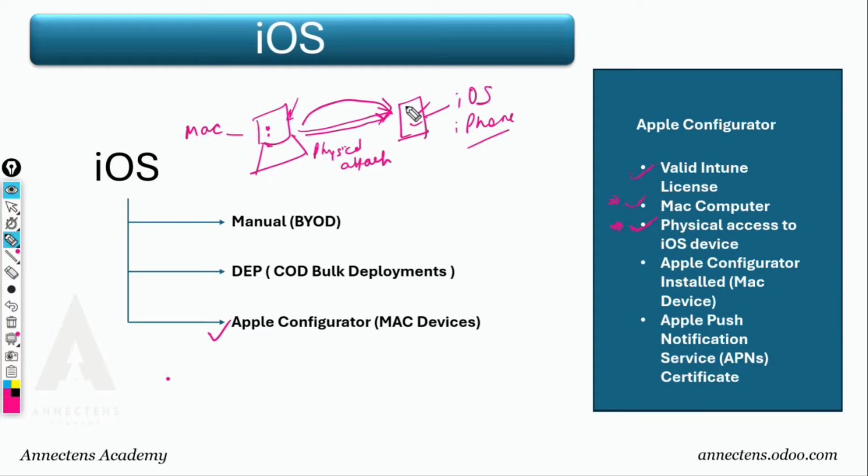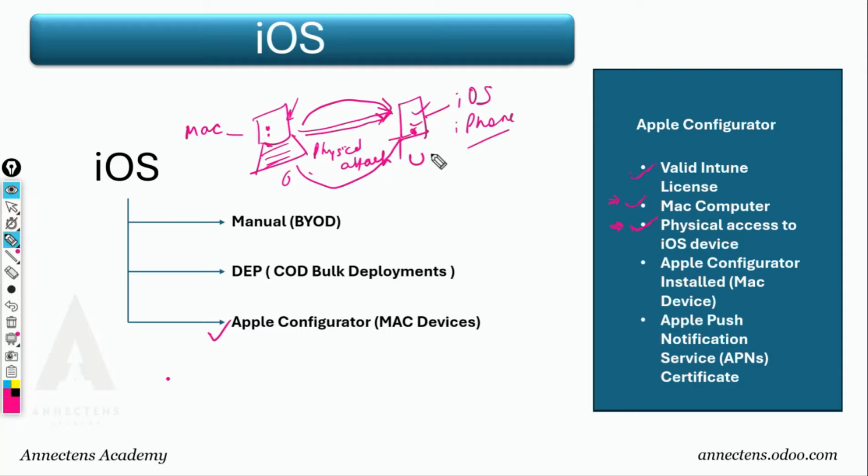You need to connect this iPhone device to your Mac computer. If the connection is not established, it will not work properly. Either you can connect it physically via a wire, or use any other means. What you need is to copy the profile from your Mac device to the iOS device.